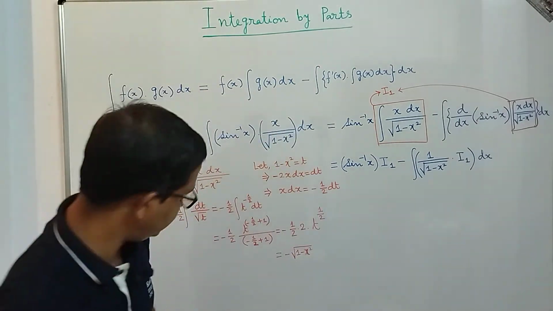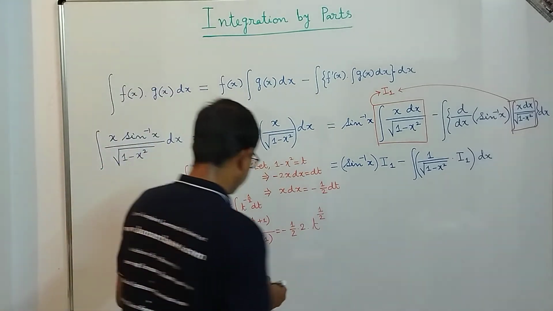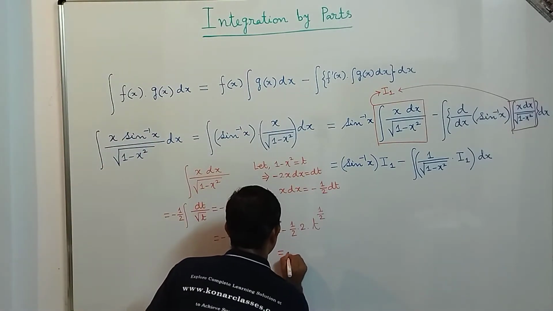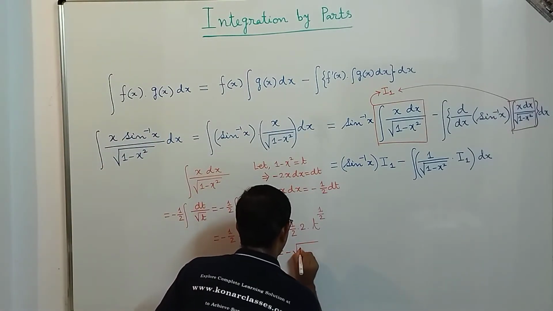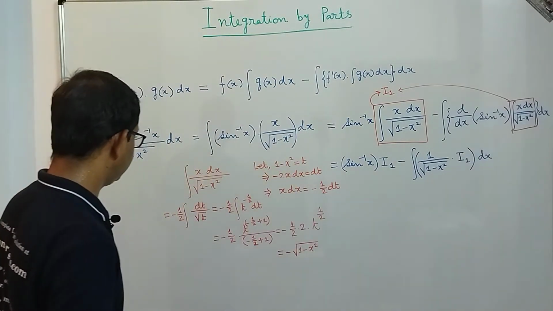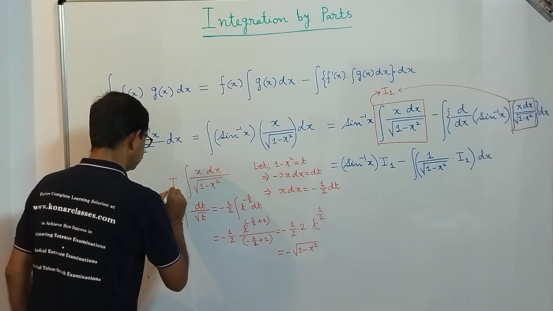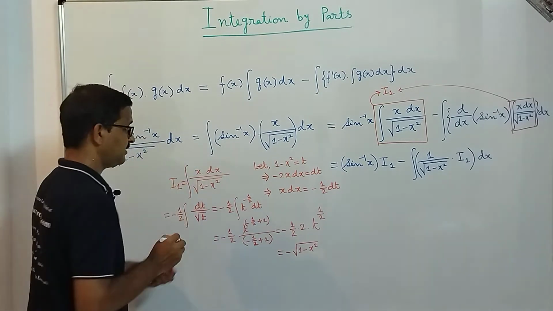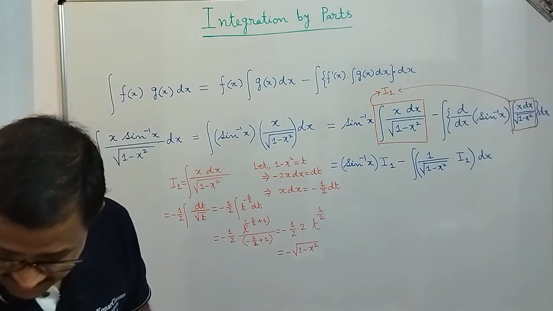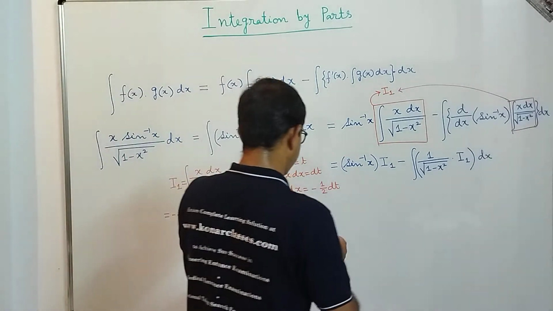Let me write it properly, it is not showing here. So we get this is equal to minus square root of 1 minus x square. So that is the value of I1. Now all you need to do is apply that value of I1 here.